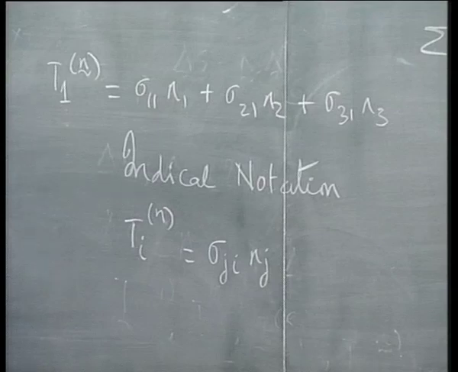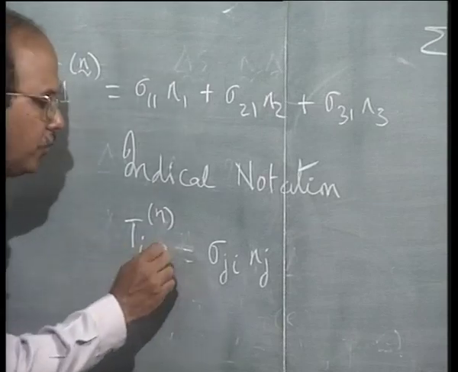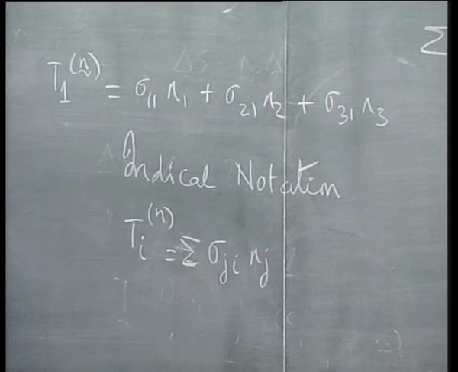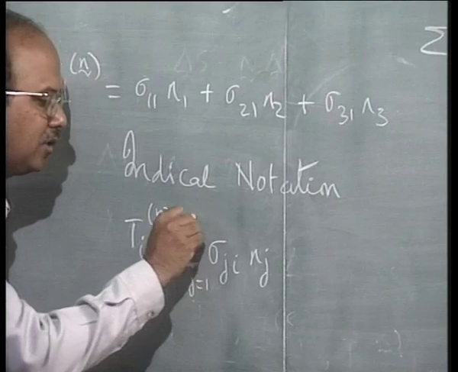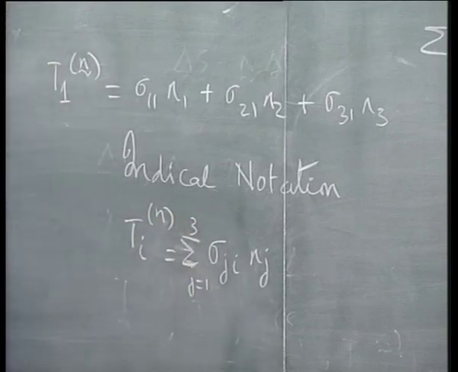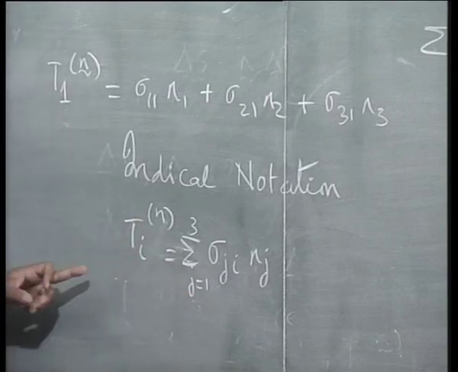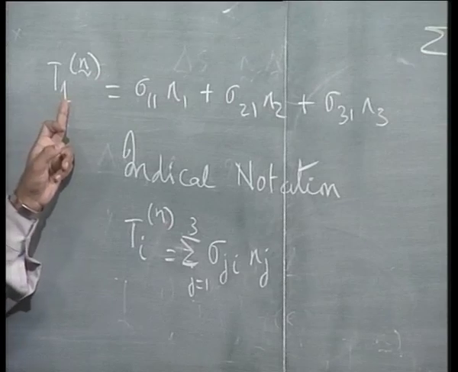In your earlier classes, you would have studied about summation convention. So you can say that summation from j equal to 1 to 3. For example, when i is equal to 1, using the summation convention, I get the equation which I have written here.